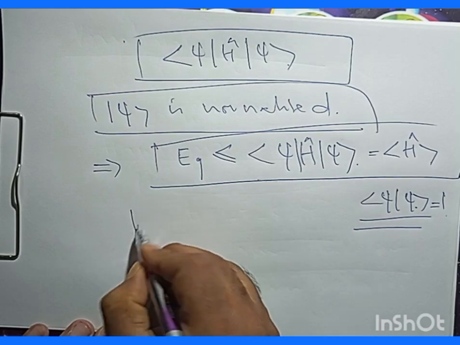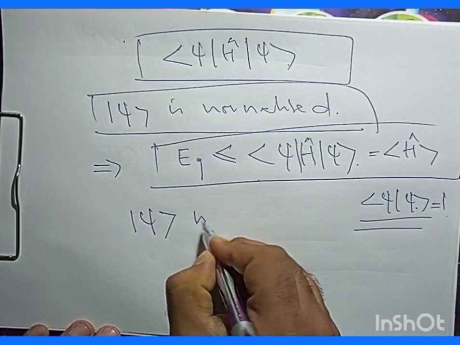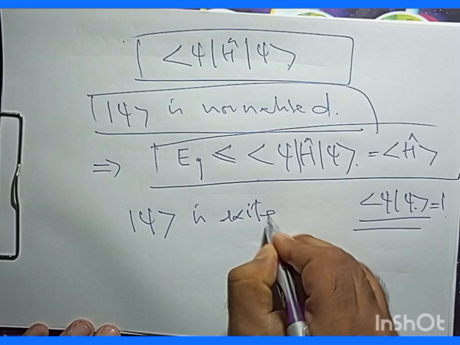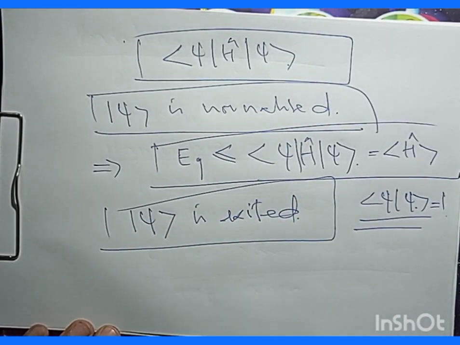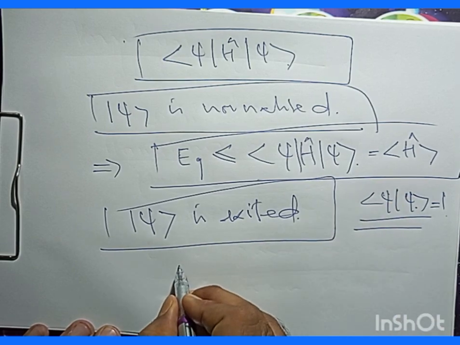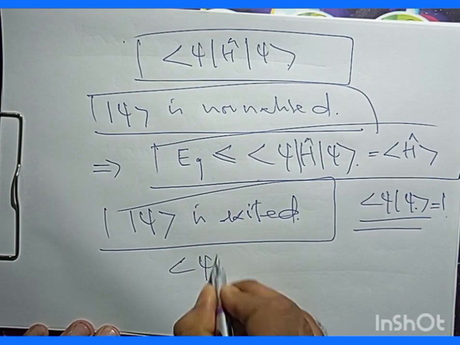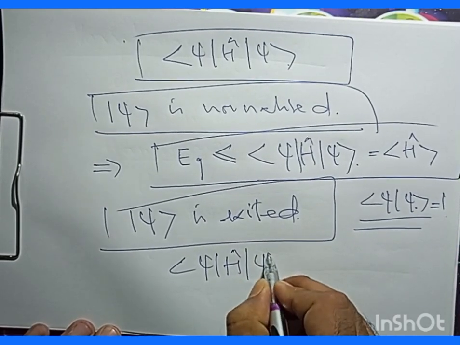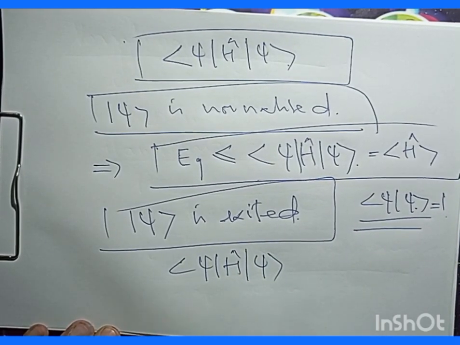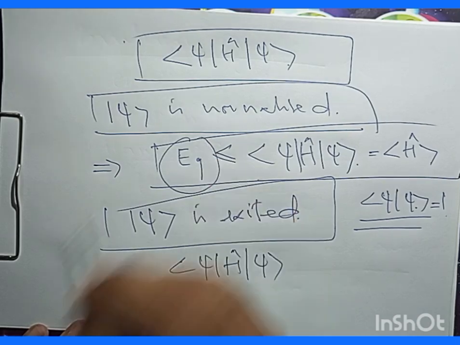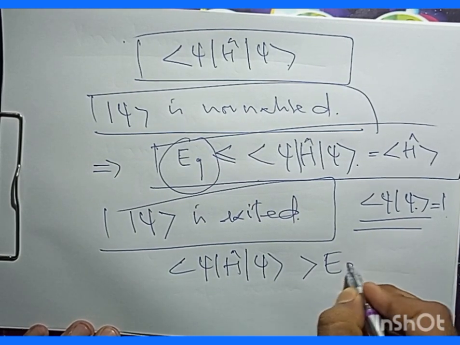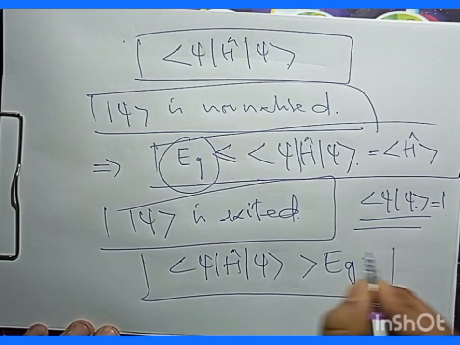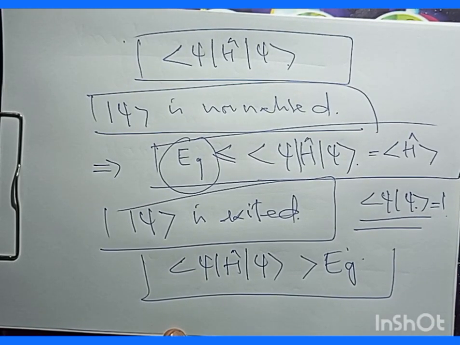But if the state psi is excited, if it is in the excited state, then the expectation value, that is this <psi|H|psi>, will exceed this ground state energy. It means it will be greater than the ground state energy of the system.